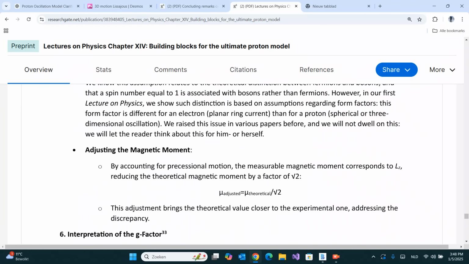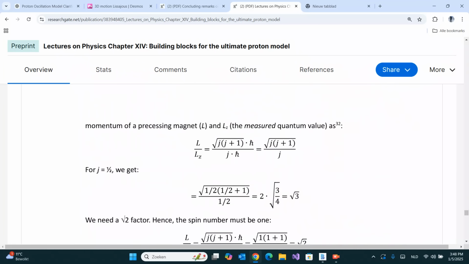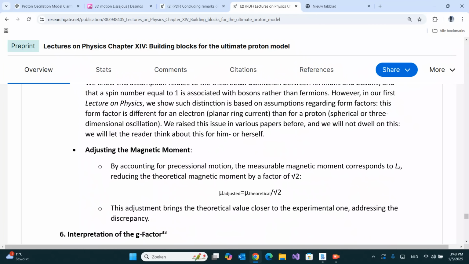And yeah, I'm getting consistent results using very standard assumptions, for instance this one: that if there is precession, the precession would be determined by the energy equipartition itself. It would pack one unit of the quantum of action, yeah, Planck's quantum of action.